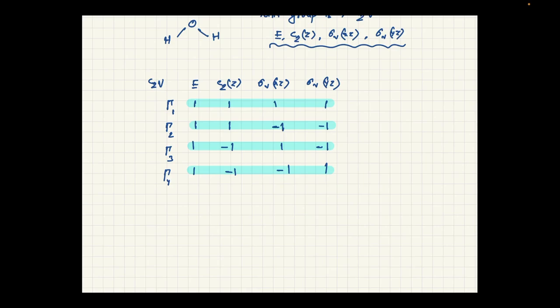Now character, let's consider a general matrix, let's say this is 1 0, 0 1. So this is a two-dimensional identity representation, and the character will be the trace of the matrix. That means the sum of the diagonal elements. Okay, this is called the trace.